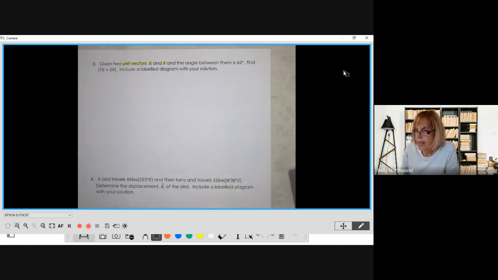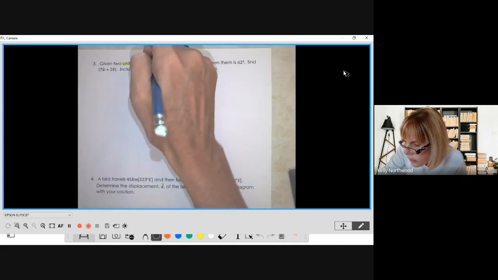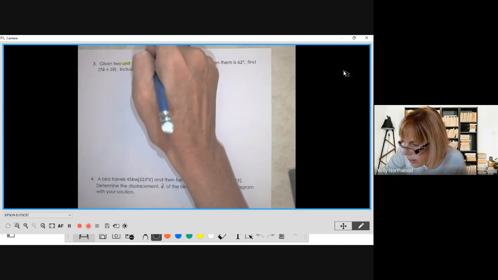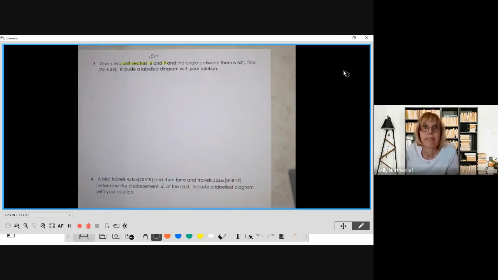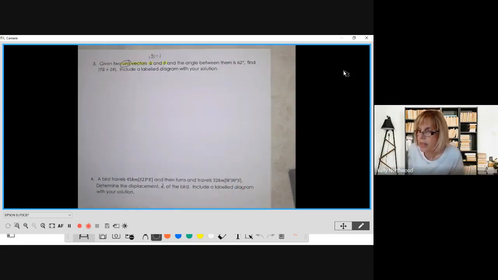All right, so what can you guys tell me about the magnitude of vector u hat? That's 1 unit. It's 1. So anytime you see a unit vector, it's got that special hat instead of an arrow. And a unit vector is a vector that has a length of 1 unit.